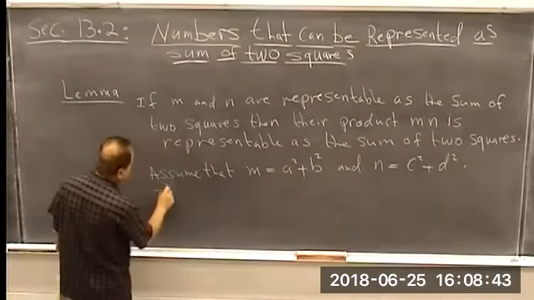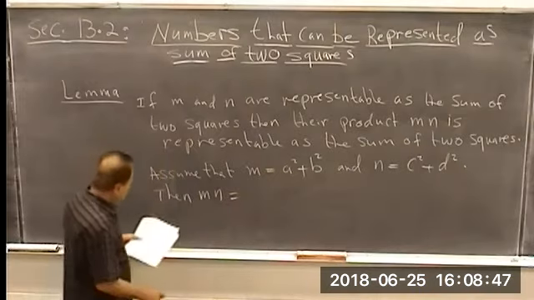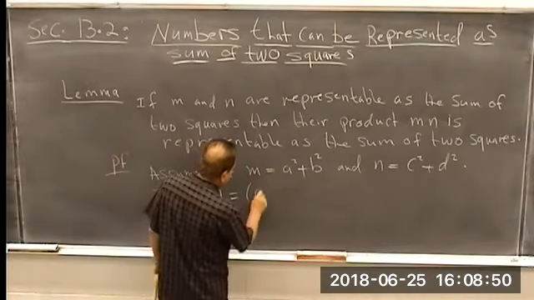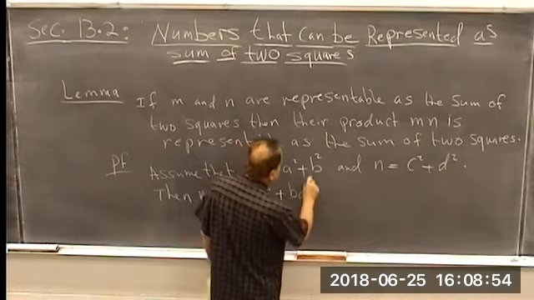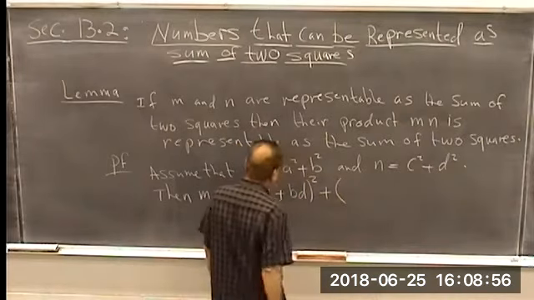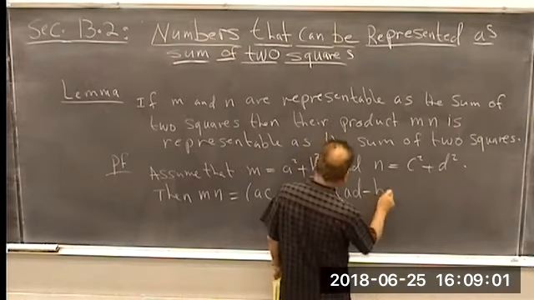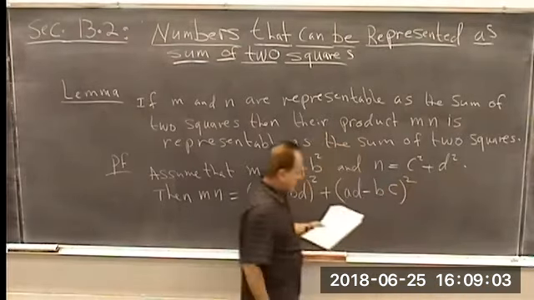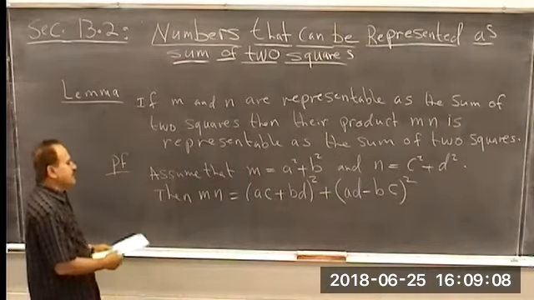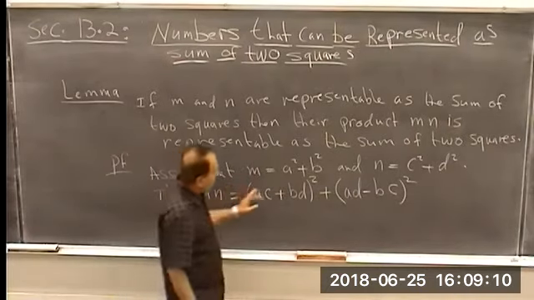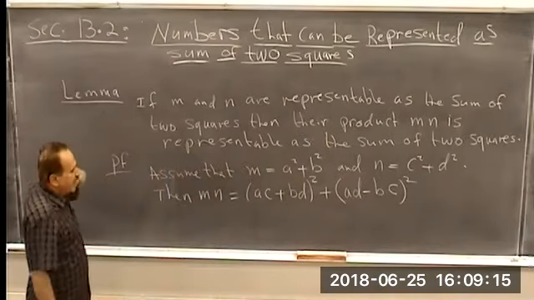Then MN is going to be (AC plus BD) squared plus (AD minus BC) squared. Now, of course, this is like pulling a rabbit out of a hat, how these numbers came to be written this way.